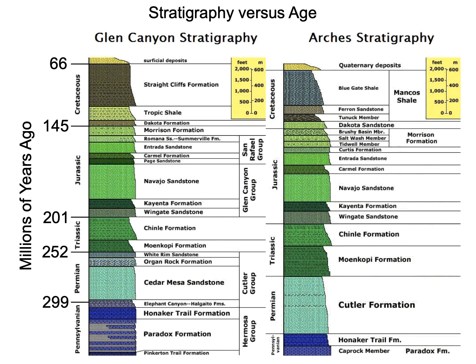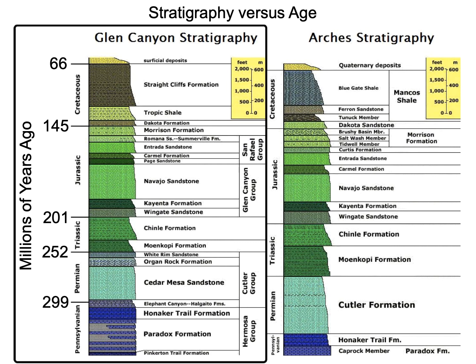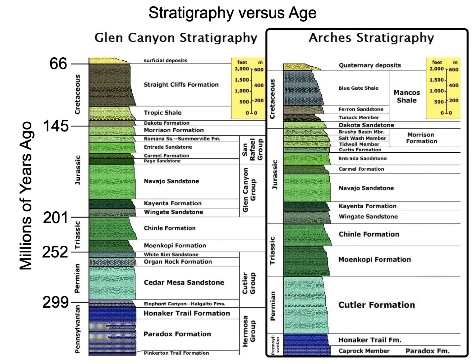So a lot of the layers around Utah and Arizona have been examined because a lot of times the land is bare and there are canyons, so that you can look through these different strata and determine how old they are and what fossils are found in those. And so here are 2, one from Glen Canyon and one just a couple hundred miles away at Arches National Park, and the stratigraphy.